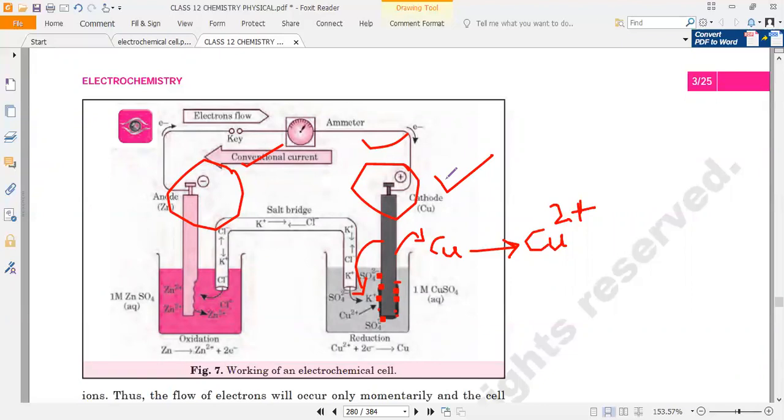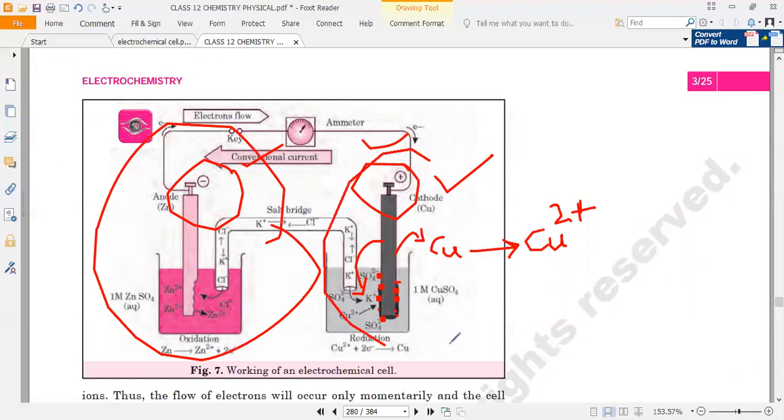But the question is, how can we determine the EMF of a particular half cell?